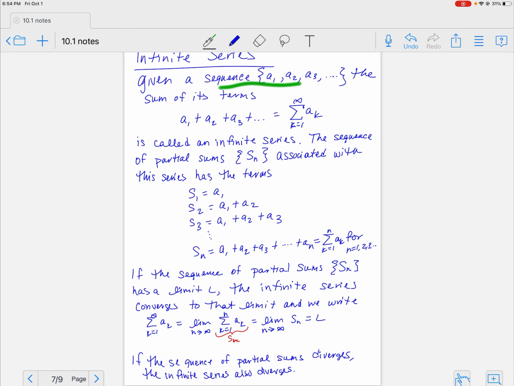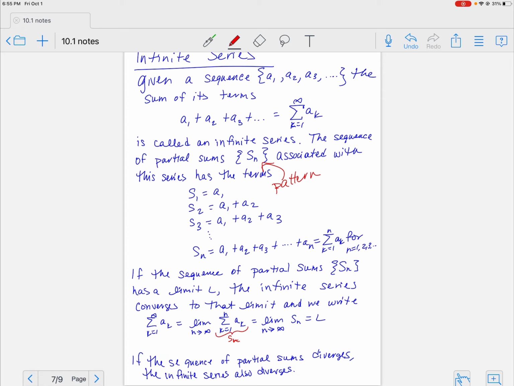Given this sequence, when you add up the terms of a sequence, you get a series. That is what a series is. Now, if I want to find the value of my series, that's the kicker, isn't it? I am looking for the partial sums, and that is a pattern.